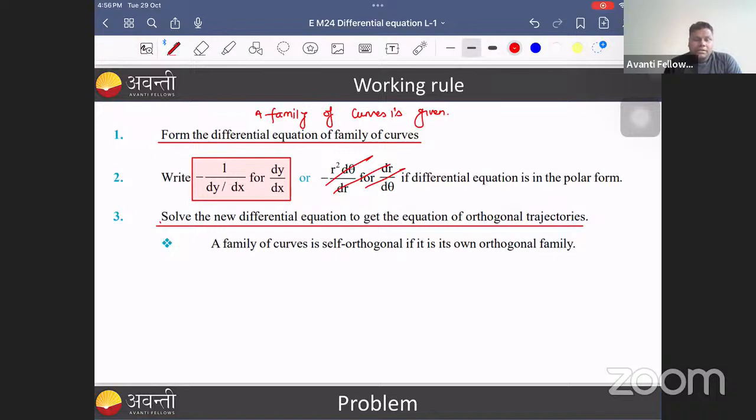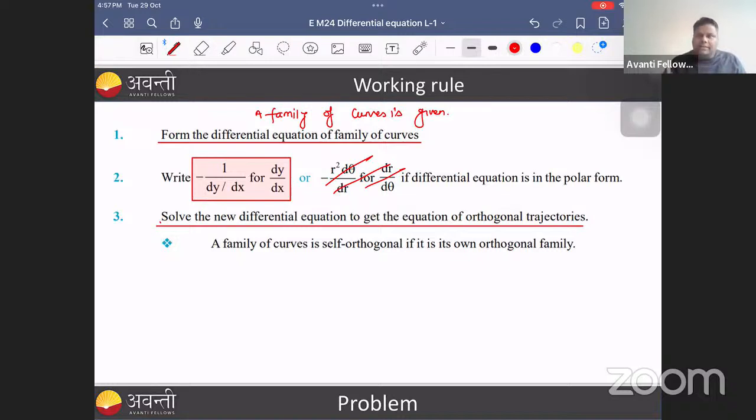Just a moment, guys, have a look at it. So replace dy by dx as minus 1 upon dy by dx.